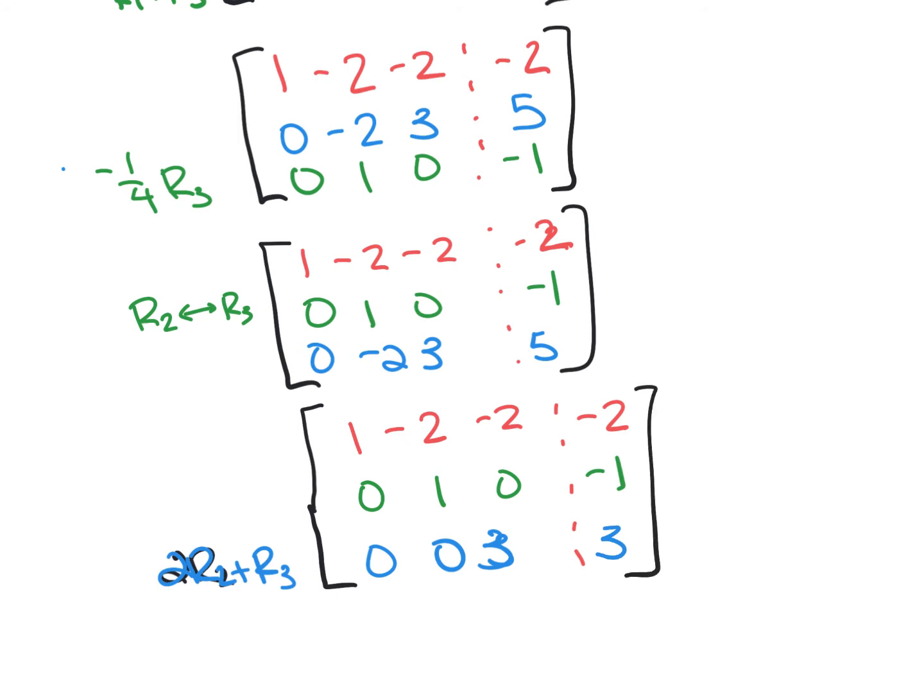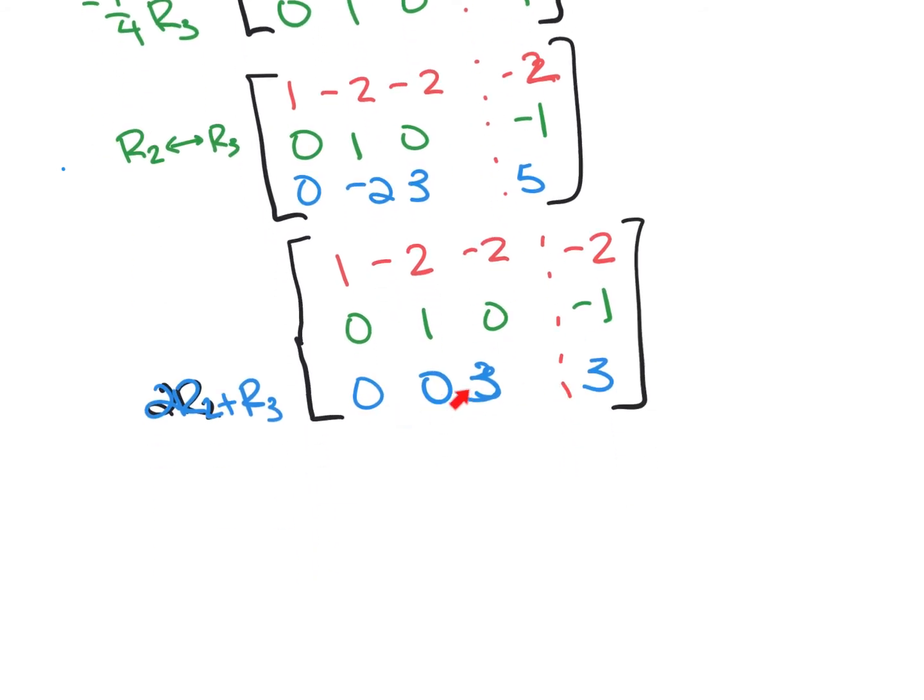I can see now that this bottom row can be divided by 3 to get the 1 to sit on that diagonal. So I'll divide the bottom row by 3. Actually, I need to get the 0 above here, we'll do that in a second. Let's get the 1 on the diagonal first. 1, negative 2, negative 2, negative 2. Don't touch the second row: 0, 1, 0, negative 1.